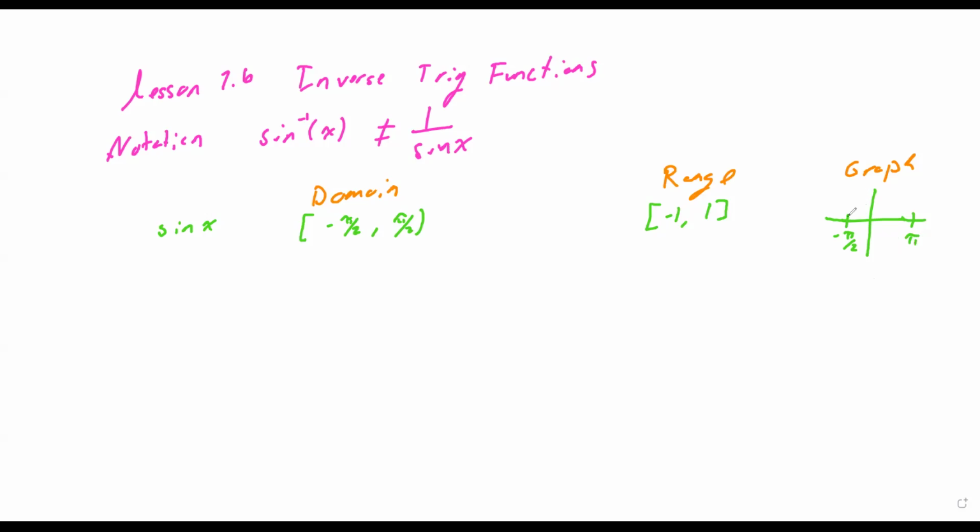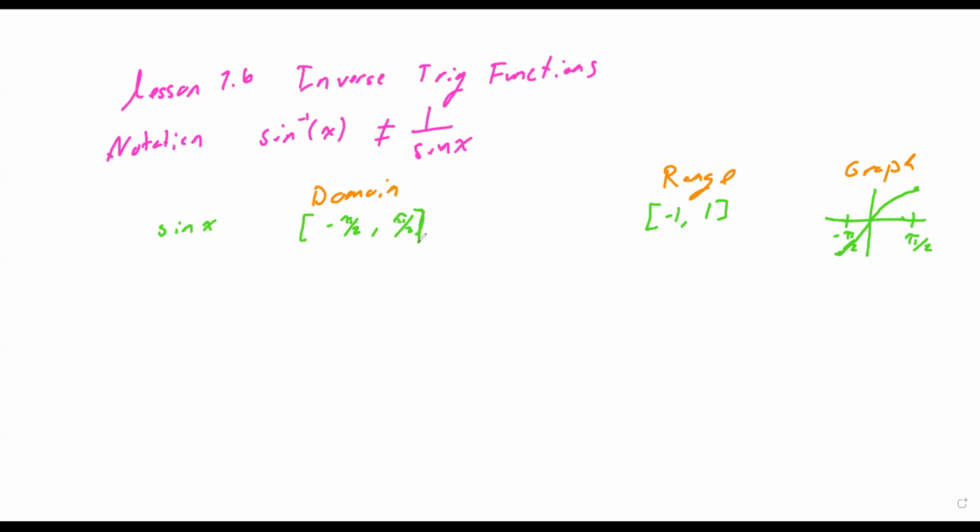At -pi halves it is about right here, and at pi halves it's about right here, give or take, not a straight line but something like this. If I was to curve this up or down, using what we've learned in previous sections, this would fail the horizontal line test and therefore not have an inverse.